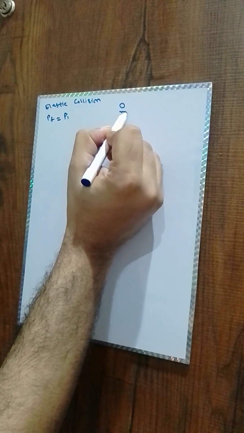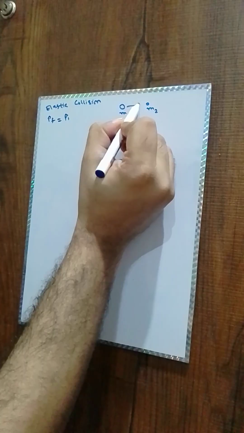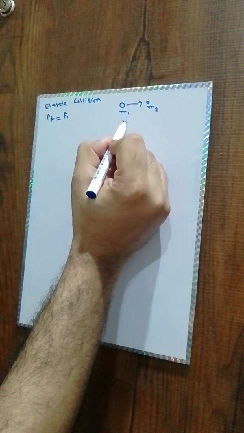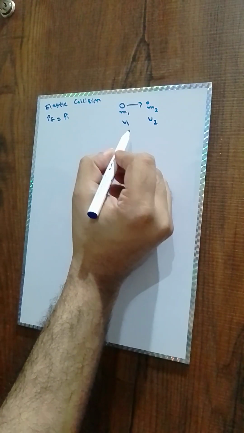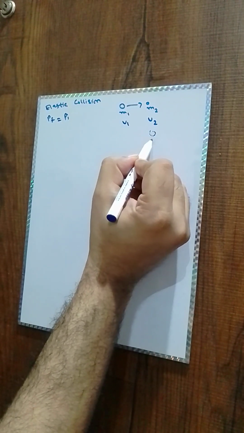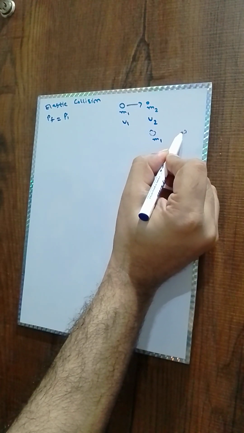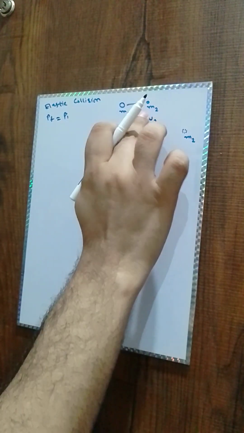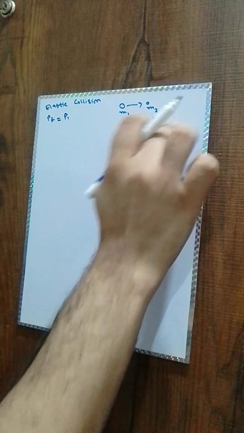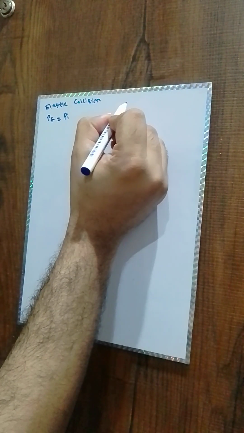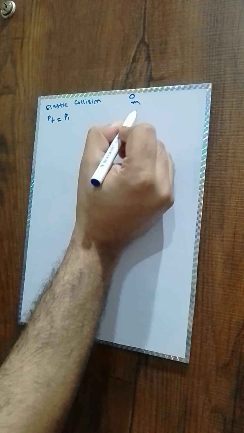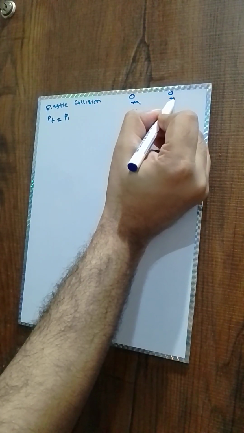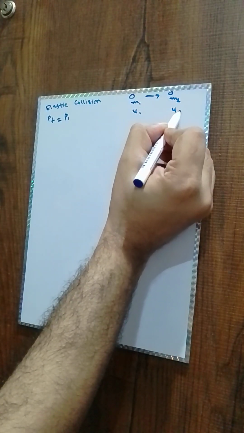Okay, this is basically two masses interacting, mass 1 and mass 2, m1 with initial velocity u1 and m2 with initial velocity u2.